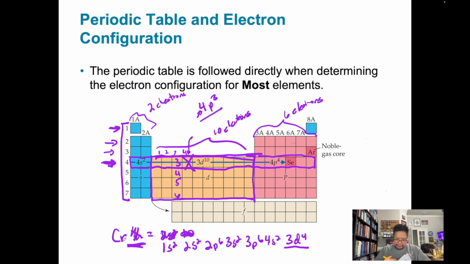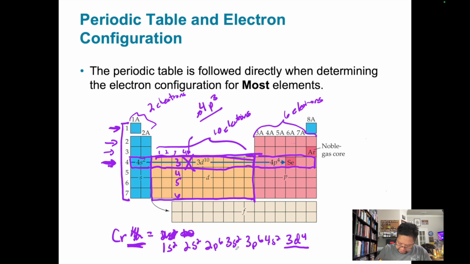And so this is the expanded electron configuration. If I wanted to do the condensed electron configuration, I can just go back to the nearest noble gas. Let's go back to the third row, and the nearest noble gas is argon, right?